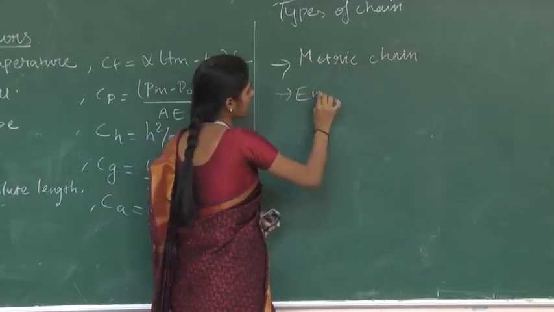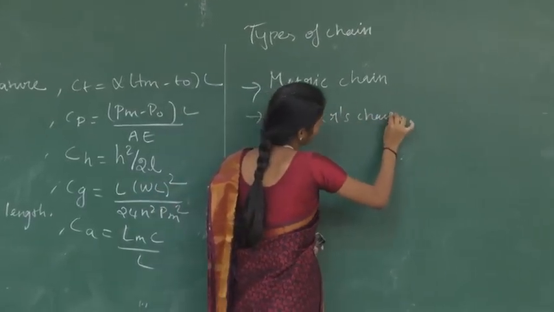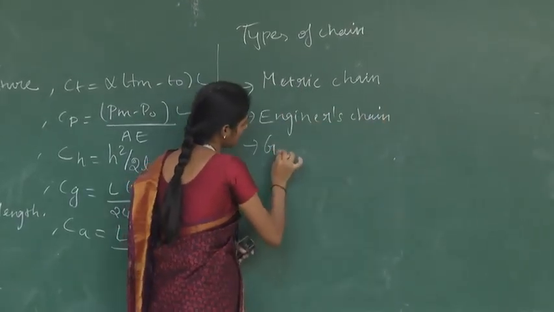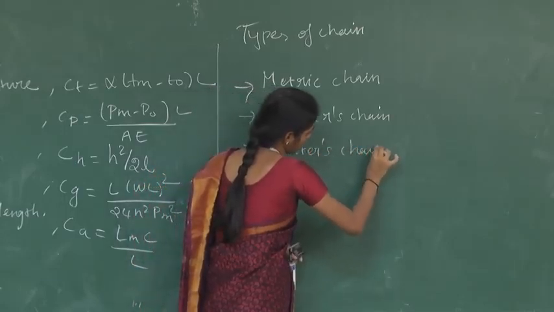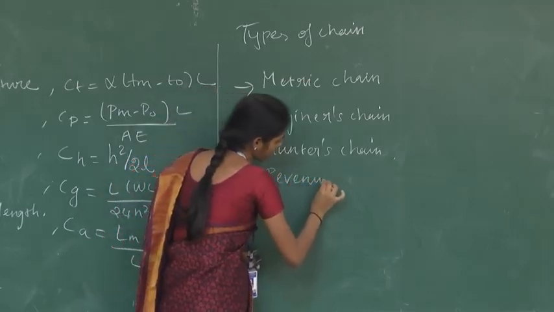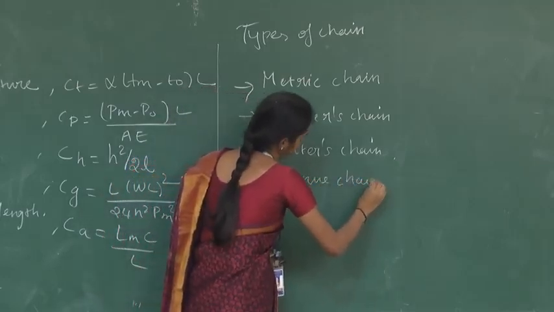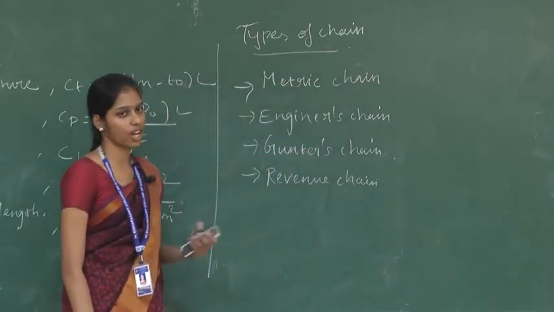Then there is also a chain called the engineer's chain, Gunter's chain, then revenue chain. These are the various types of chain we are using.